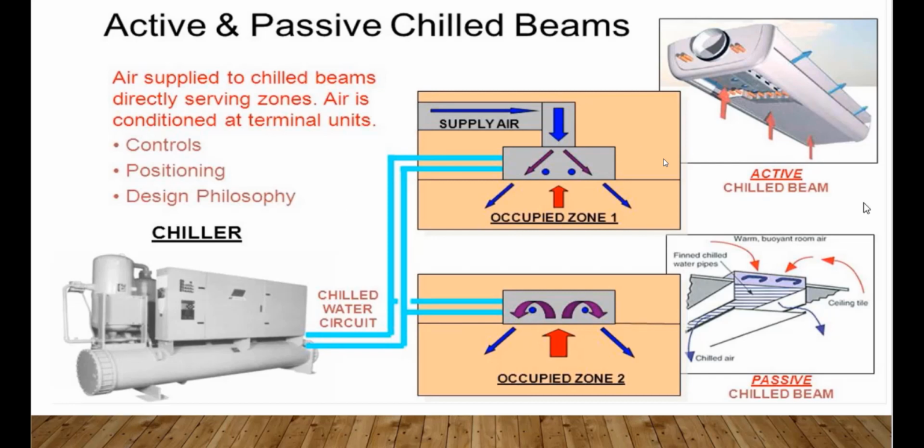This is the active chilled beam, and this is the passive chilled beam. Clearly, you can see how the air is sent to the space, and how the return air comes. And in the passive beam, the air comes from the back of the beam, and the supply air comes inside the perforated area of the passive beam.